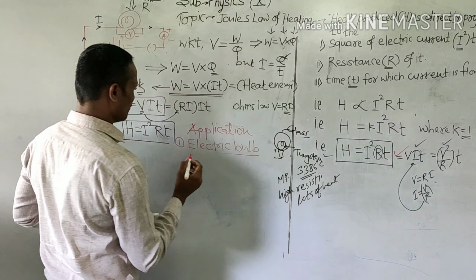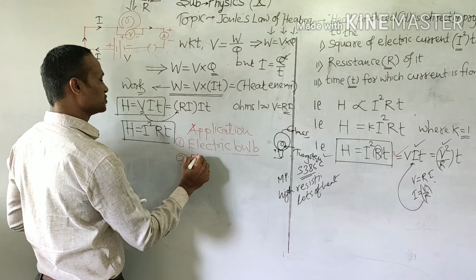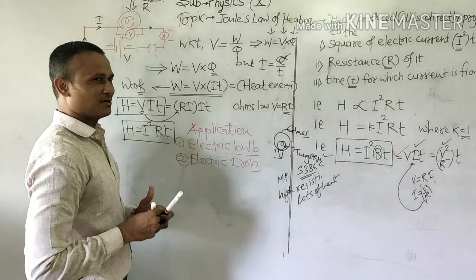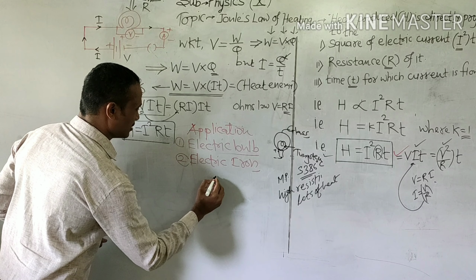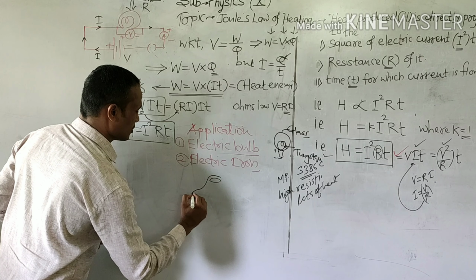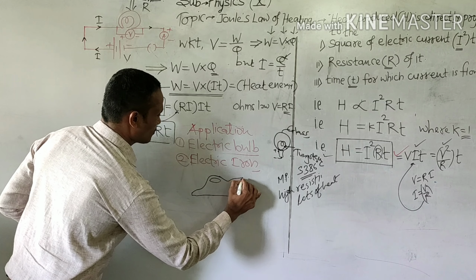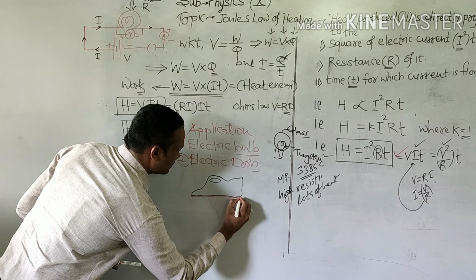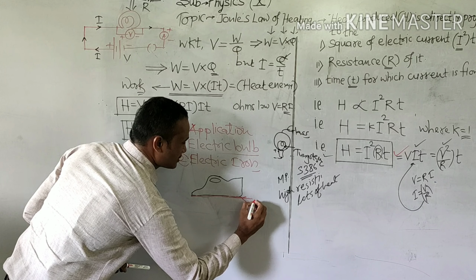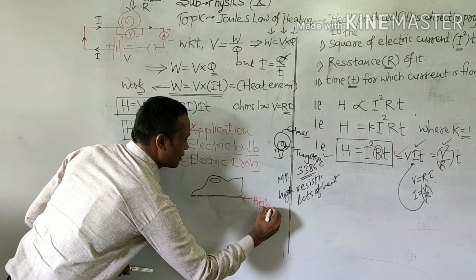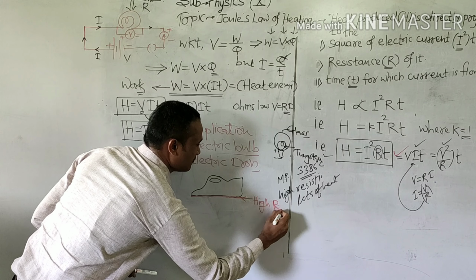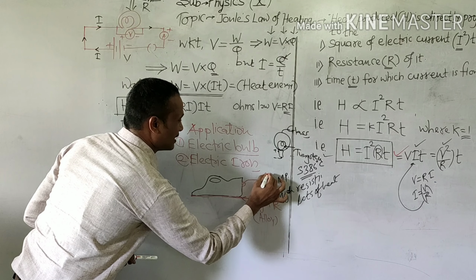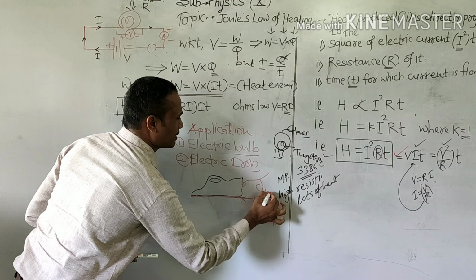Second application which everybody knows is the electric iron. We use it for pressing. If you might have seen the structure of an iron, it is like this. We have a base of the iron. This base has high resistance or resistivity, because it is made up of alloy. And the wire which is connected is a normal copper wire.